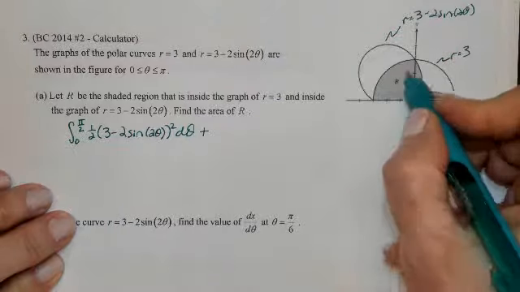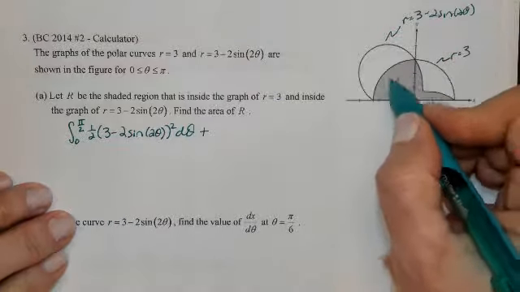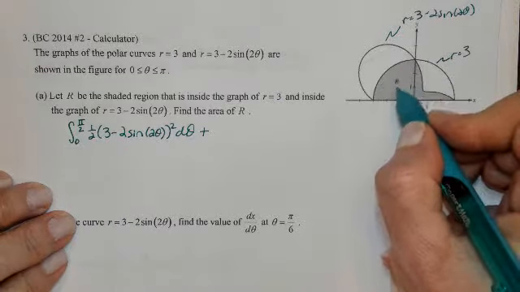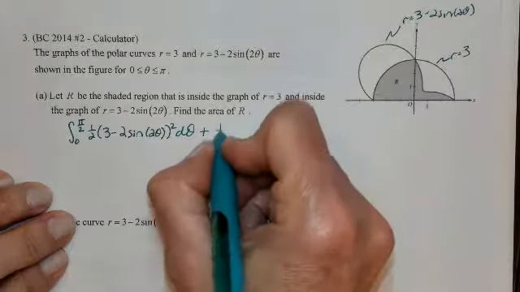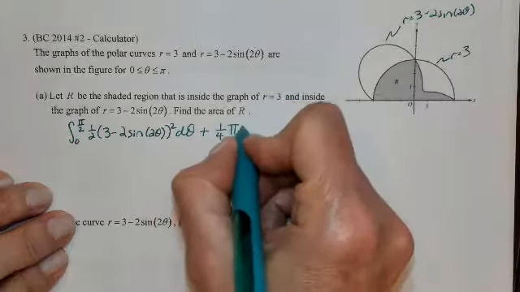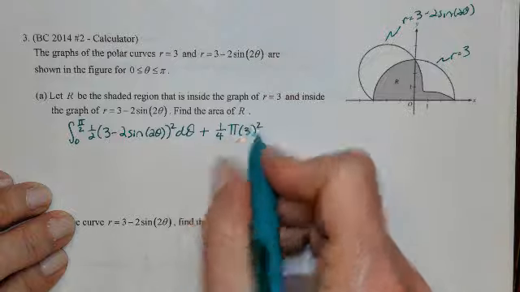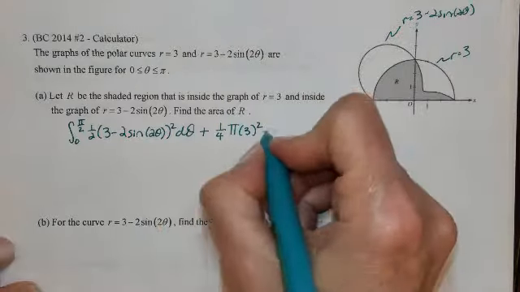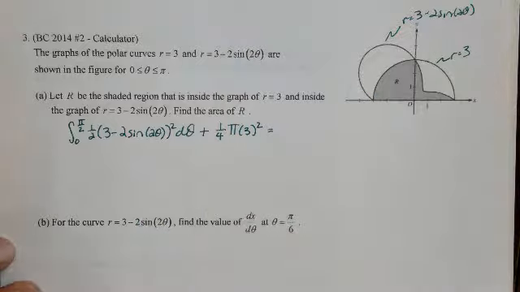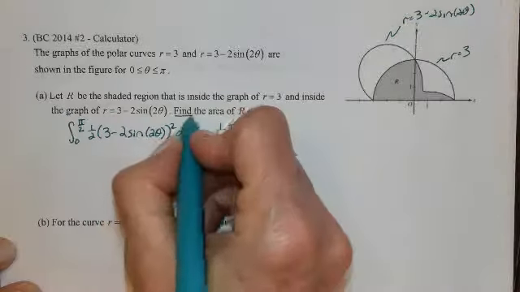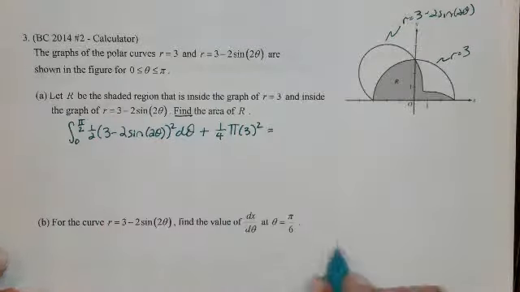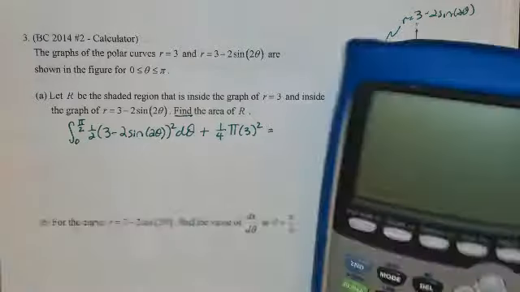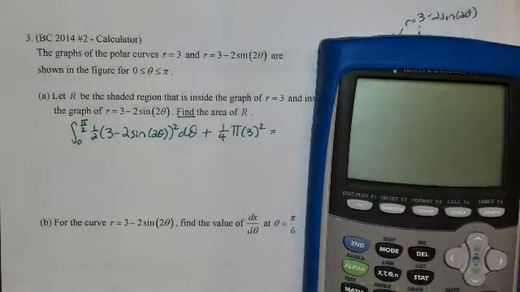Now I could write this area as an integral, but I also know that it's 1/4 of a circle with radius 3. So I'm just going to do it as 1/4 pi r squared, where r is 3. But know that you could have done that with an integral too. Okay, and it says to find the area, not just write the integral that gives the area. So we actually have to go and find it.